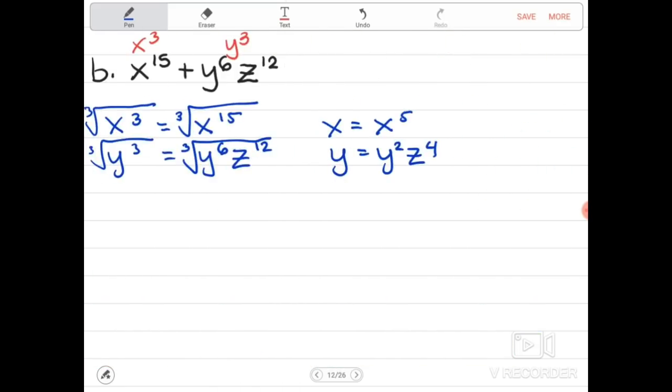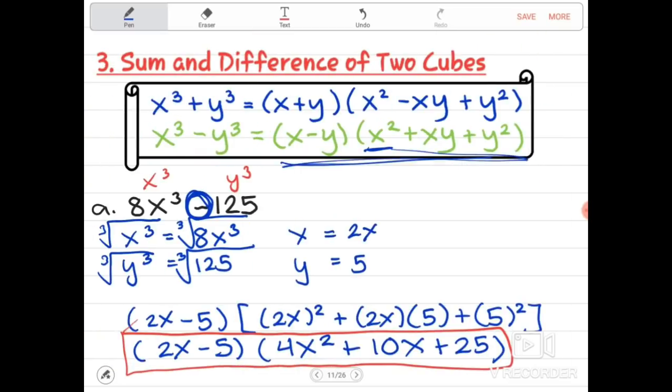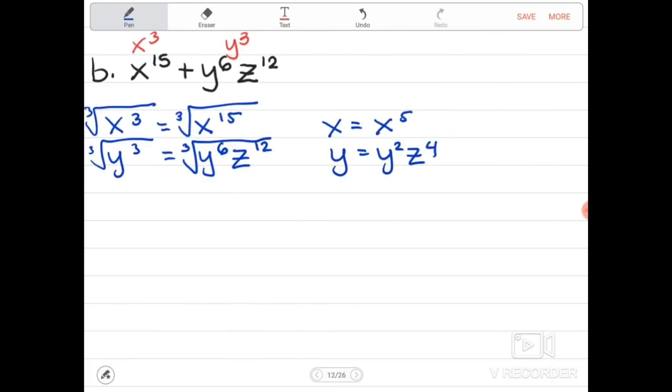Alin dyan? The operation is addition. So, dito tayo sa color blue. So, we have x raised to 5 plus y squared z raised to 4.